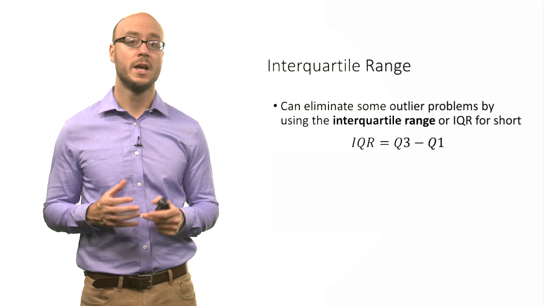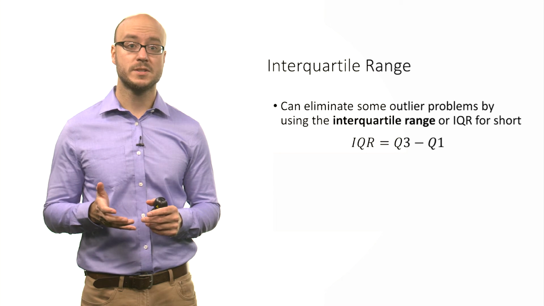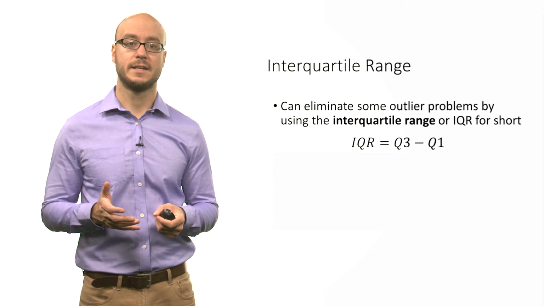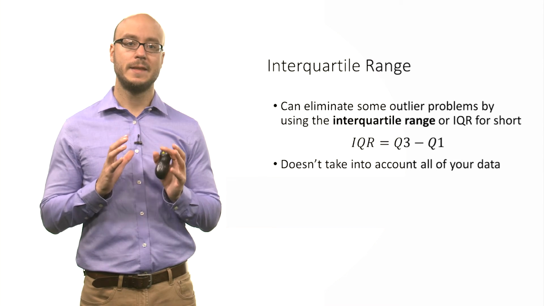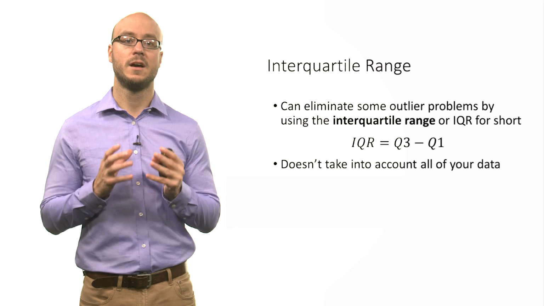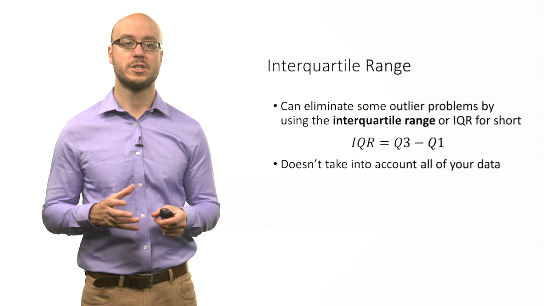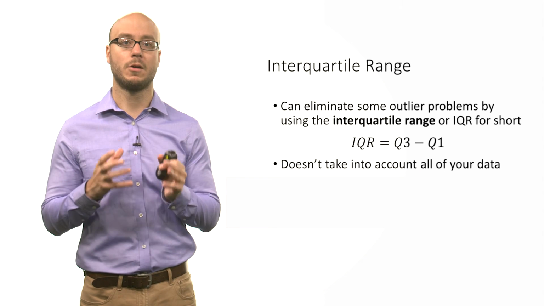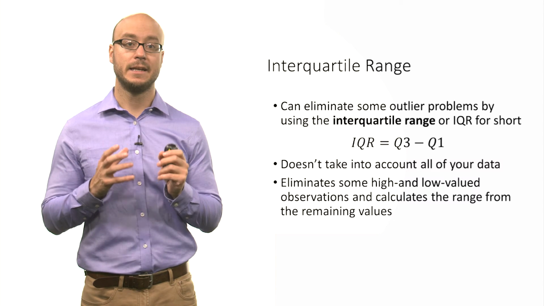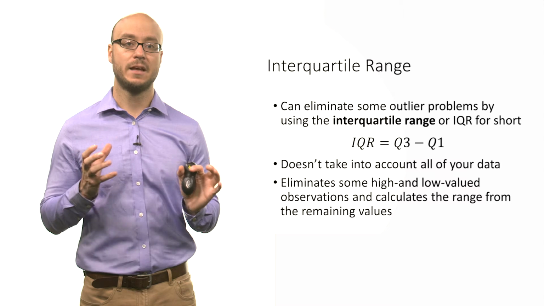To put it another way, the interquartile range is based on the difference between the 75th percentile and the 25th percentile. It's really this range reflecting the middle 50% of the set of observations. What's useful about the interquartile range, since you're looking at the middle part of the data, is that it can eliminate some outlier problems, especially in the tails of the distribution.